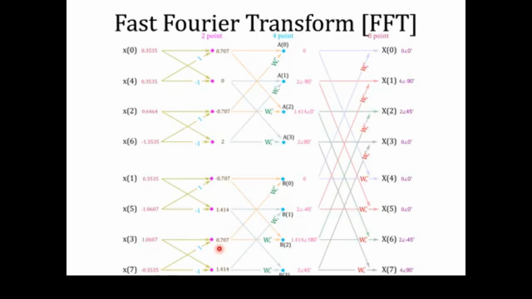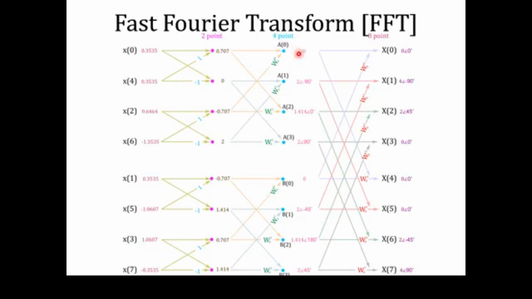The answer will be equal to 0.707. Now let's come to this sample. 1.0607 plus minus 1 into minus 0.3535, and the answer will be equal to 1.414. So this is how we can calculate 2-point DFT outputs. The same concept will be applied for the 4-point and 8-point DFT outputs.